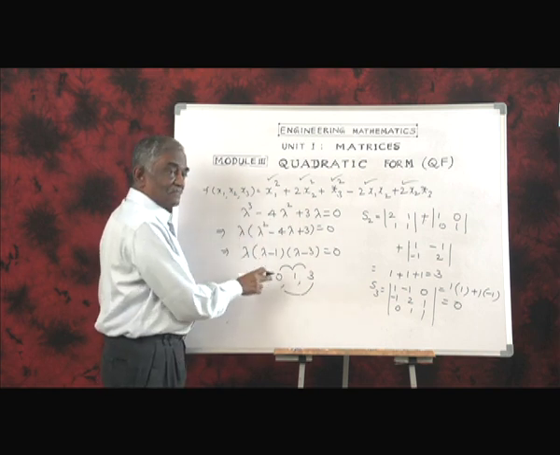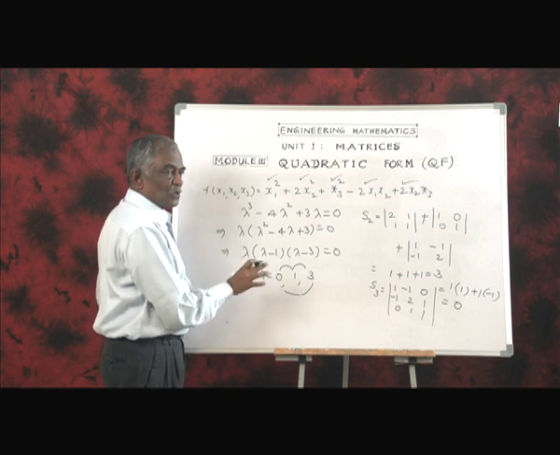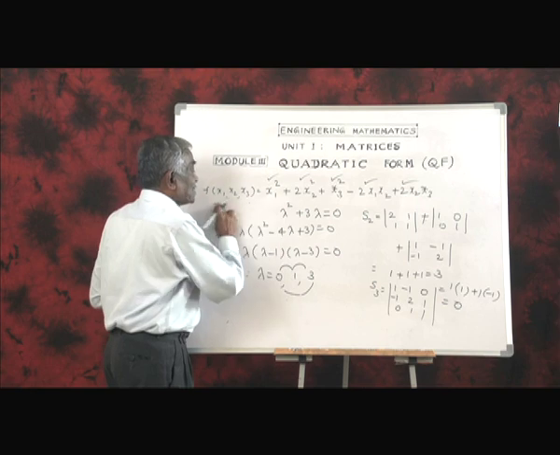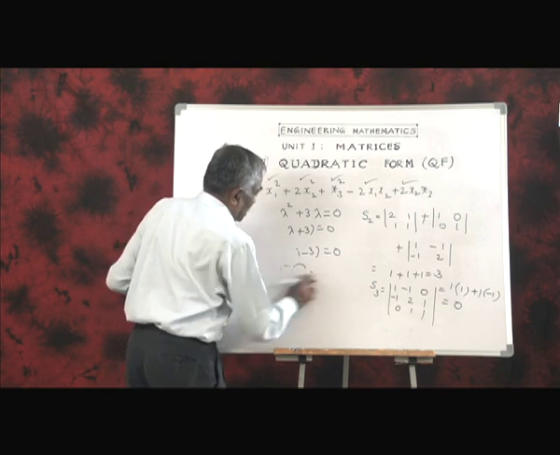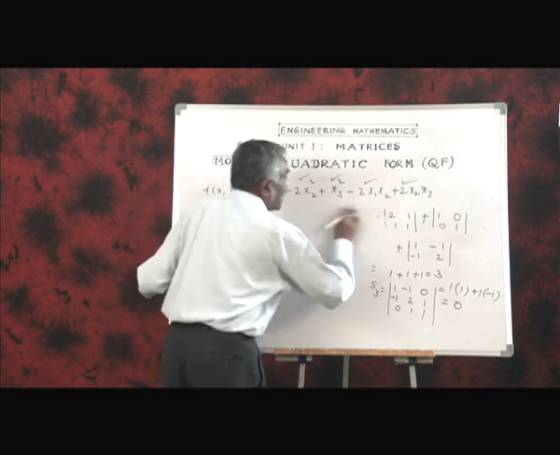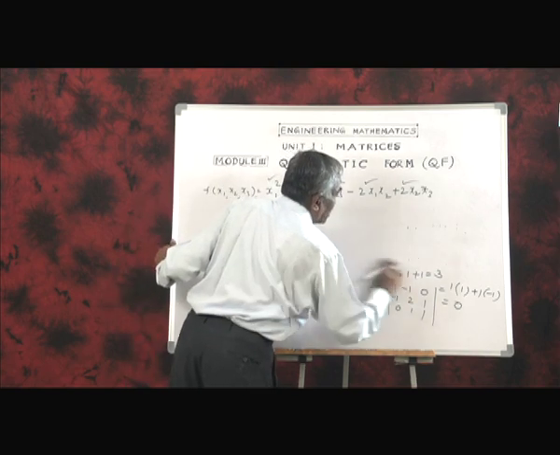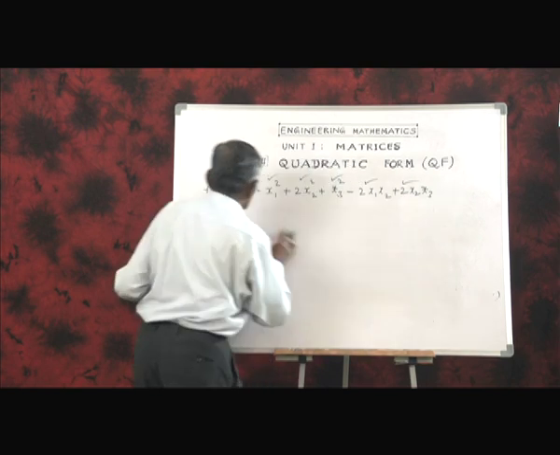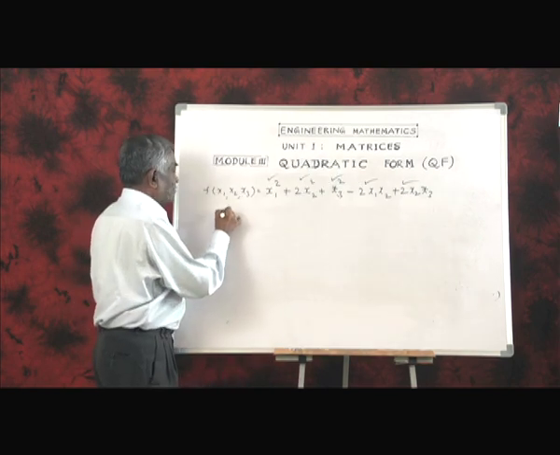Once you find the eigenvalues, we can come to the conclusion about the nature of the quadratic form. I explained the definition of quadratic form earlier. Now I will tell the result regarding the nature of the quadratic form based on the eigenvalues. These are very interesting and important results.